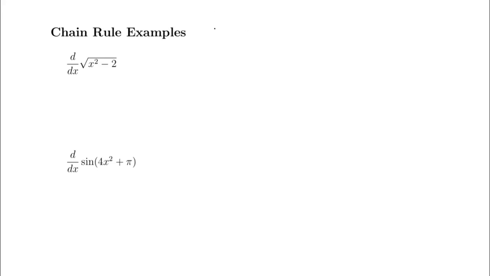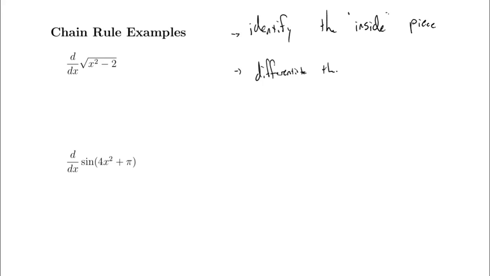What we're going to do is try to identify the inside piece here. Then, after we identify the inside piece, we're going to differentiate the rest, pretending that the inside piece is just a variable.